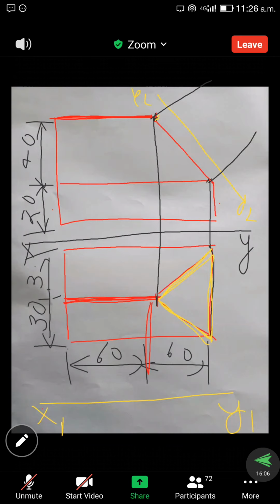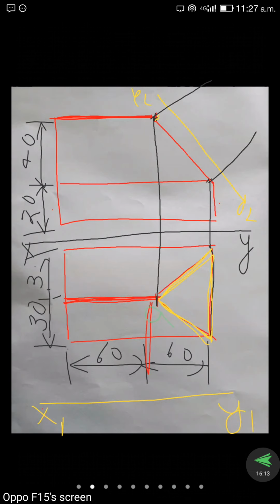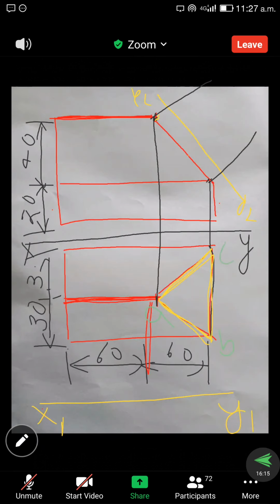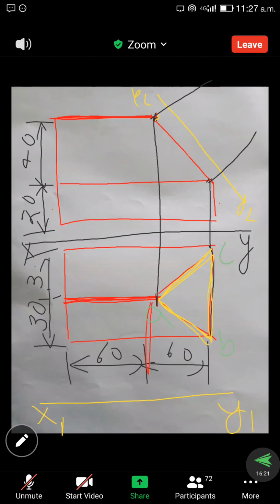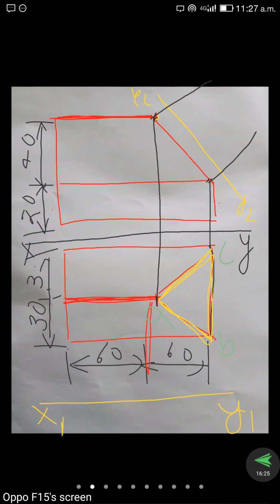So now, here it is the indications A, B and C. Okay? So that is the object. We can draw the true shape of the object by using the compass.